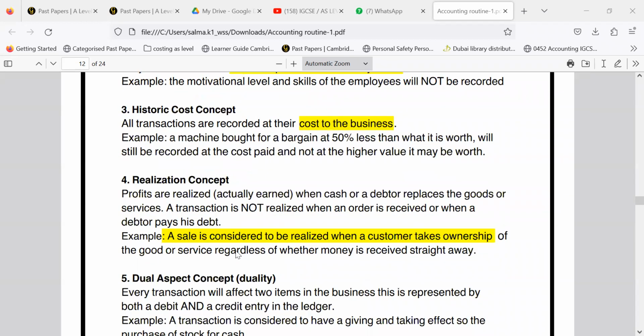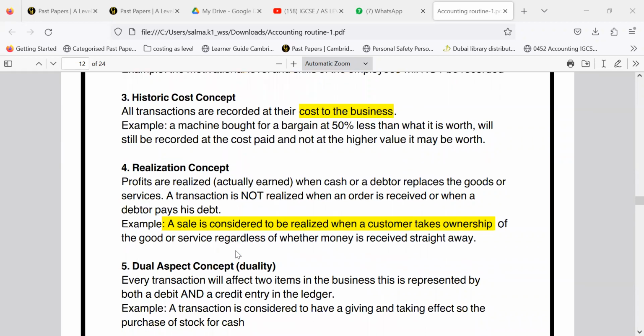All right. Okay, what is the historic cost concept? That all the transactions are supposed to be recorded at cost. So if you have bought an asset worth 100,000 for 50,000, you will record it in your statement of financial position at what price? 50,000. Yes, because the amount that you spend to buy that asset is 50,000.